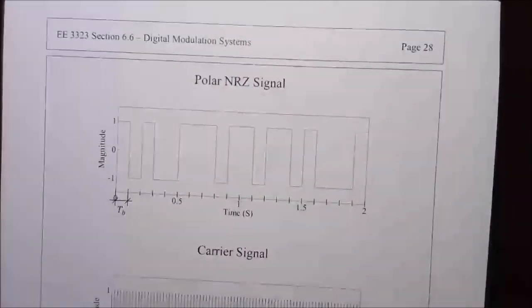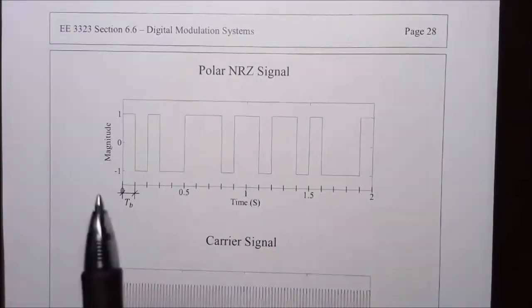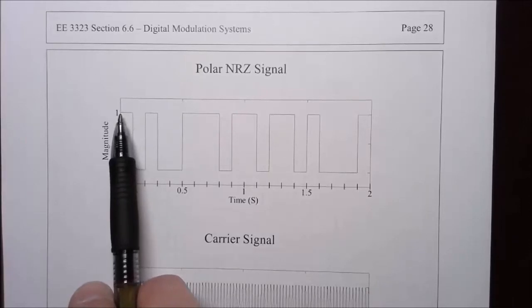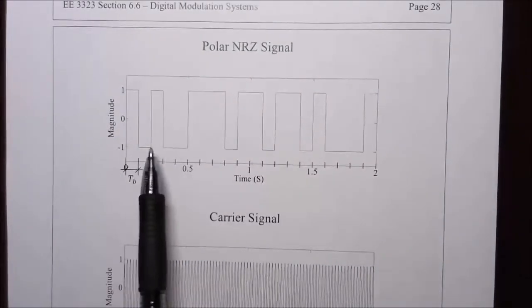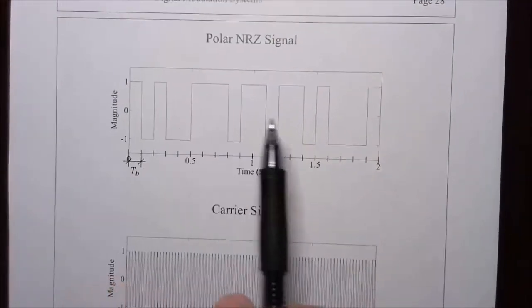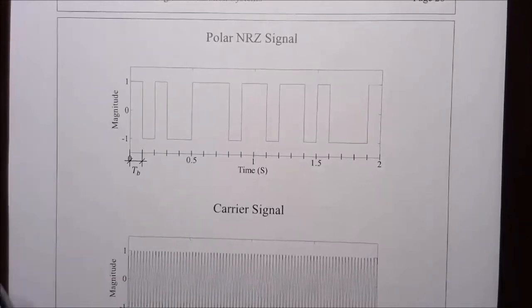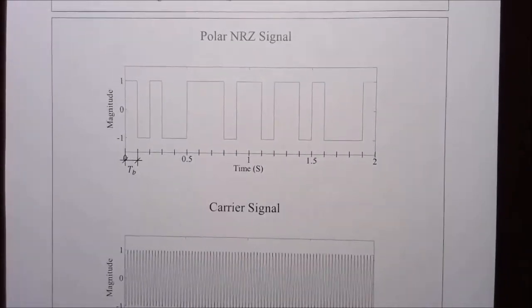So here's the polar non-return to 0 signal. Logical 1 is 1 volt. Logical 0 is -1 volt. It's a random string of 1s and 0s with a certain bit period.